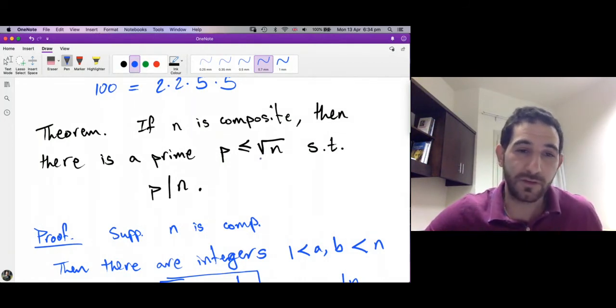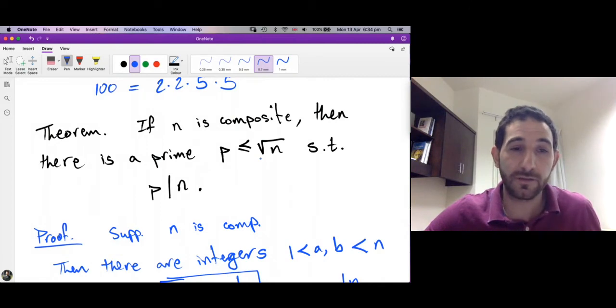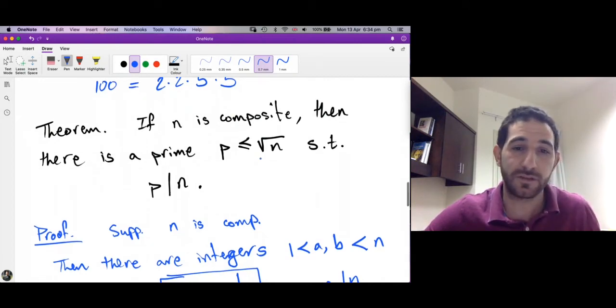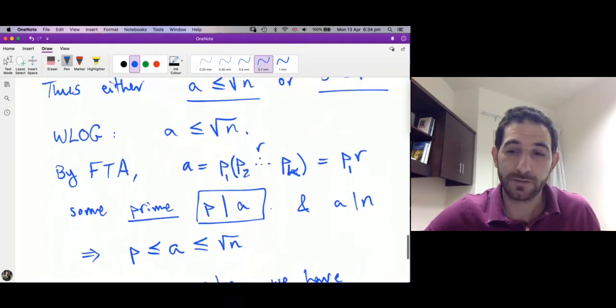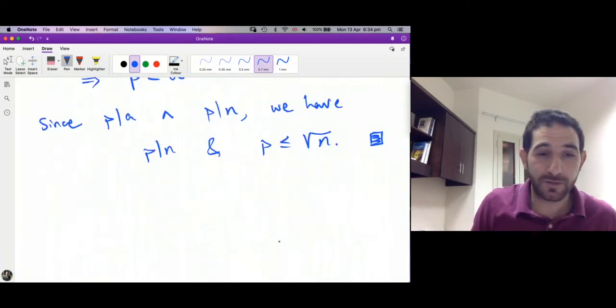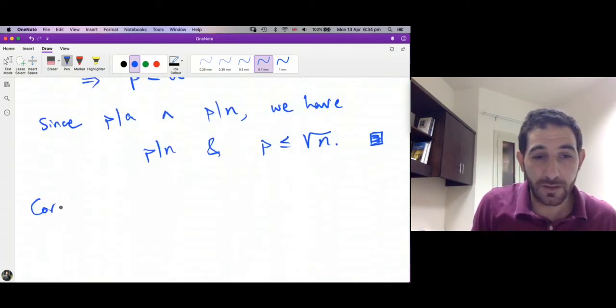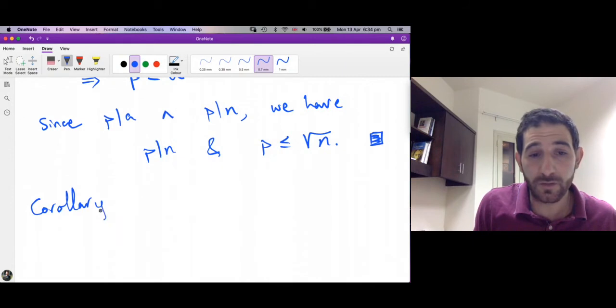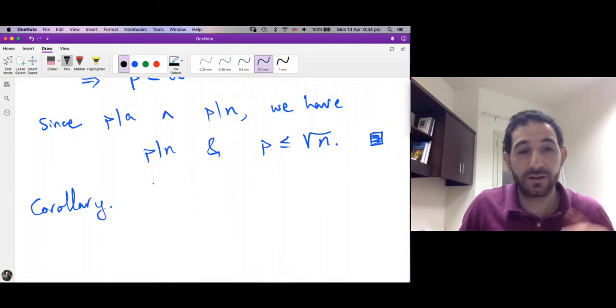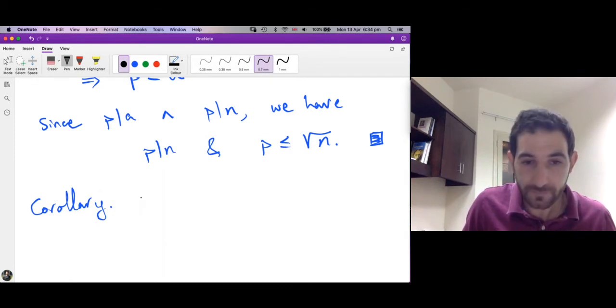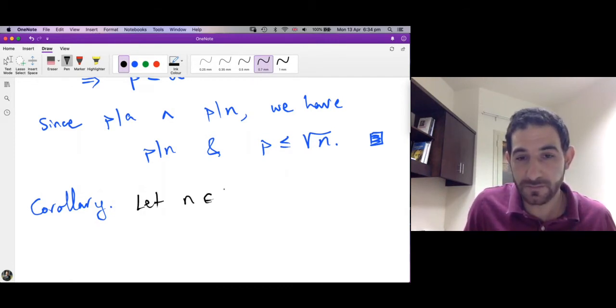Why is this very useful? Let's write down the contrapositive of this theorem. So what is the contrapositive? The contrapositive will be a corollary. This corollary will be a nice algorithm or a nice test to see if a number is prime or not. So let n be a positive integer.